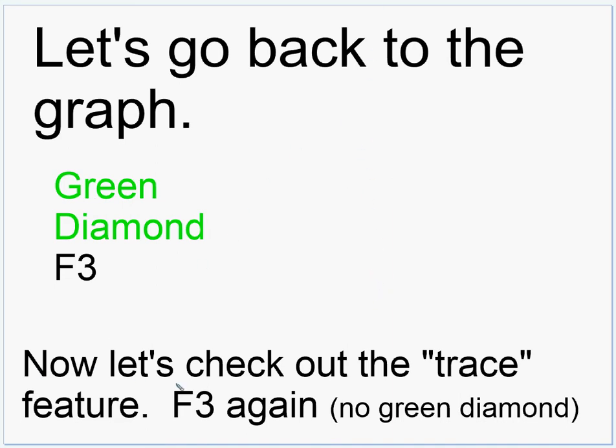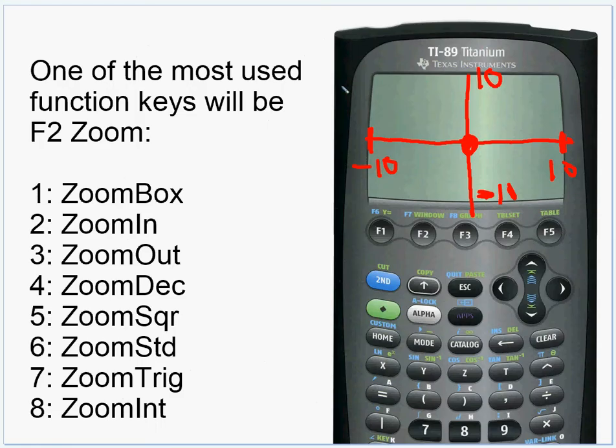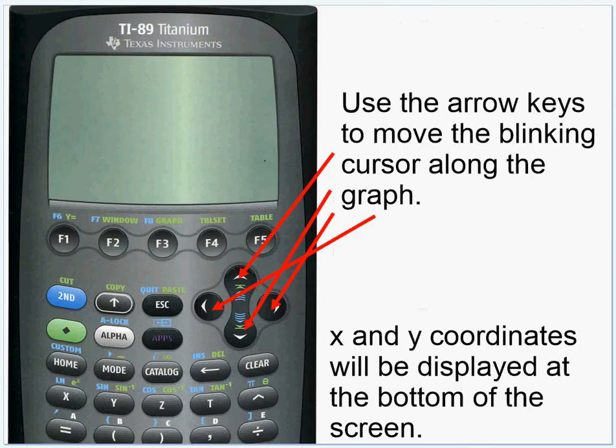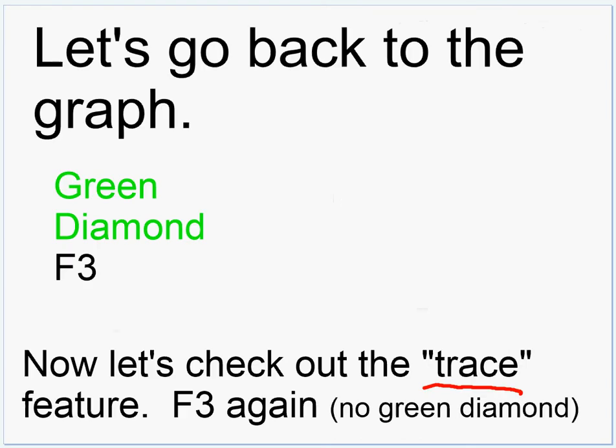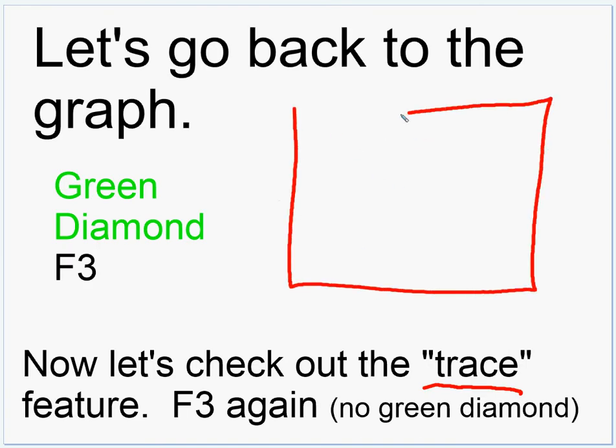Okay, now another neat thing we can do when you're on the graph screen is use the tracing feature. Looking across the top, we've got our F1, F2, F3 is the trace feature. So if you've got your graph set up, I'm just going to draw a window here.